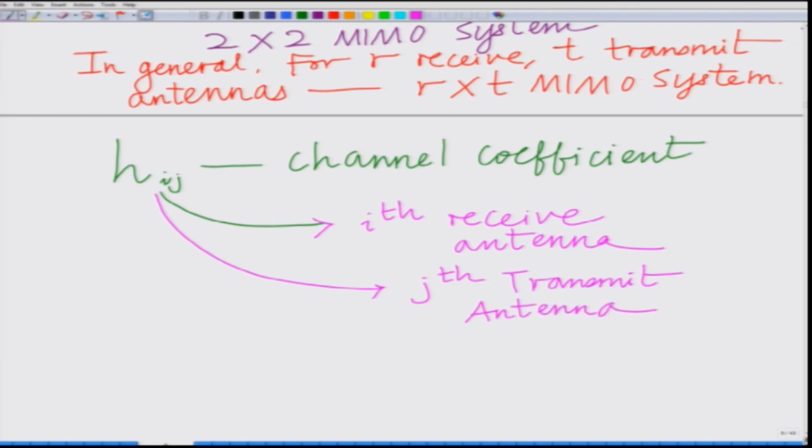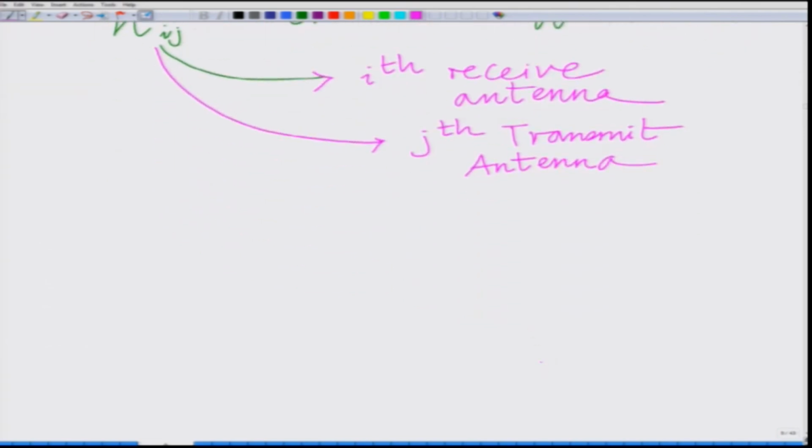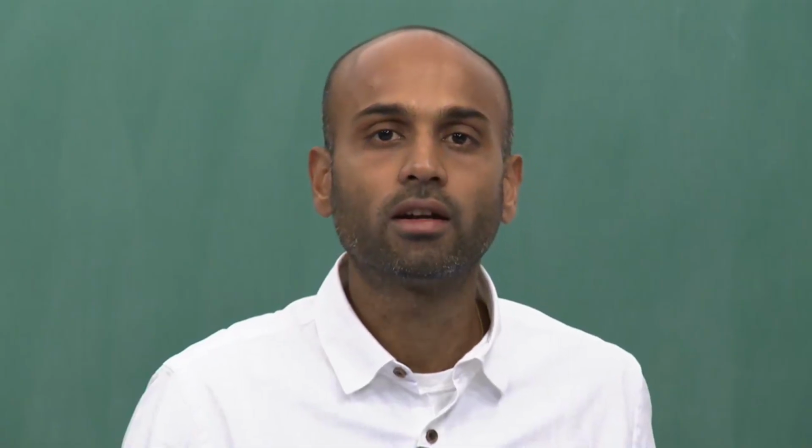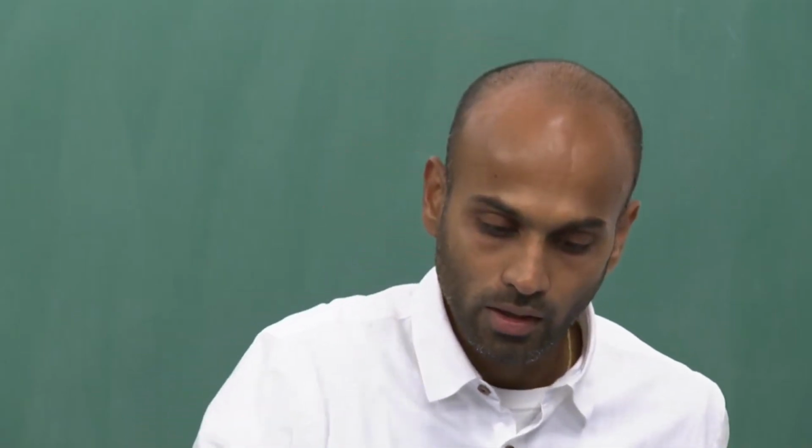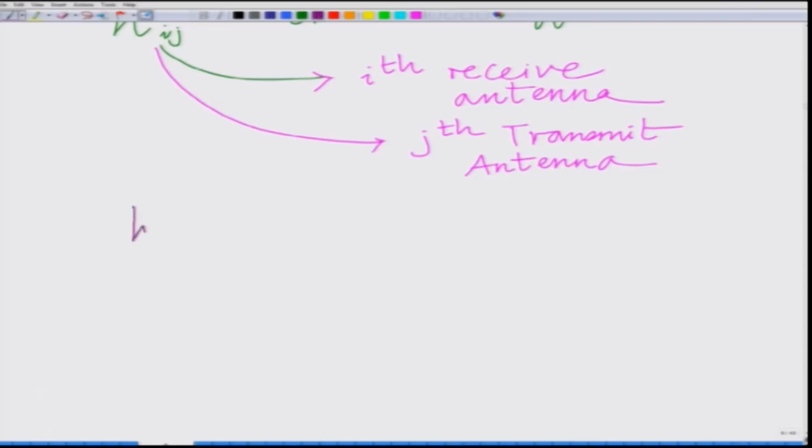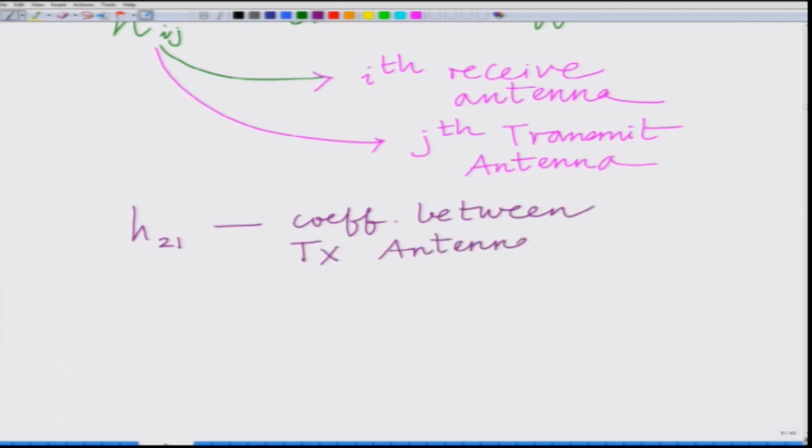For example, if you take a look at the channel coefficient H21, H21 is the channel coefficient between the second receive antenna and the first transmit antenna. So if you take H21, this is the coefficient between TX antenna 1 and RX antenna 2.